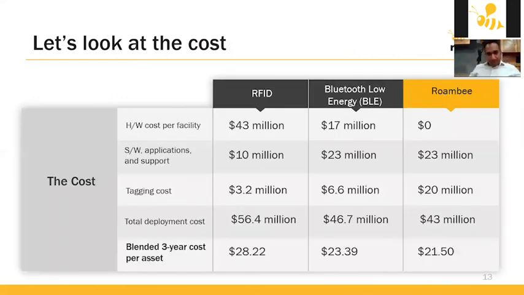So what's the cost like, right? We talked about the complexities. Let's now try to put some numbers against these complexities.